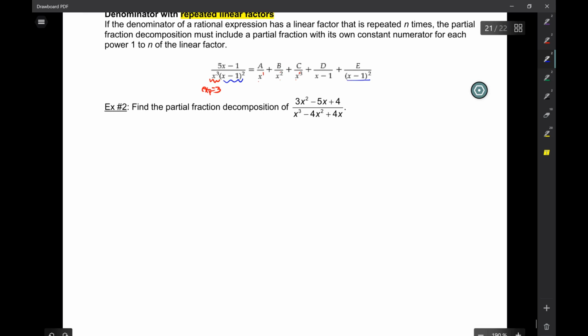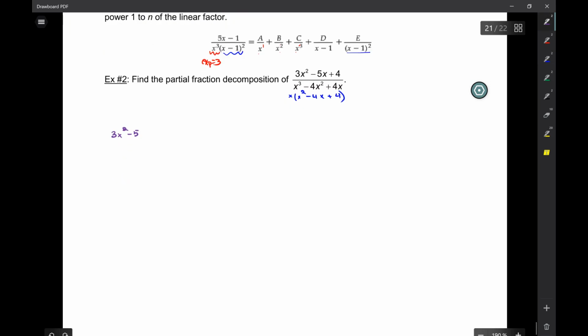Let me factor this. This will be x squared, this will be x times x squared minus 4x plus 4. Okay? So let me write it in factored form. 3x squared minus 5x plus 4. Don't write too big because we're going to need all the space for this.